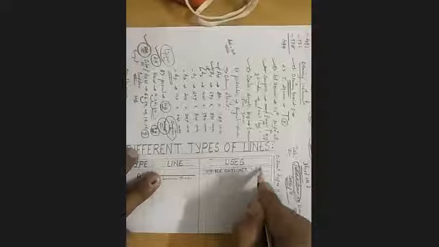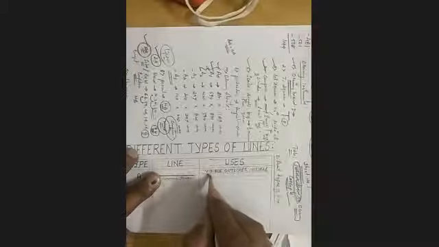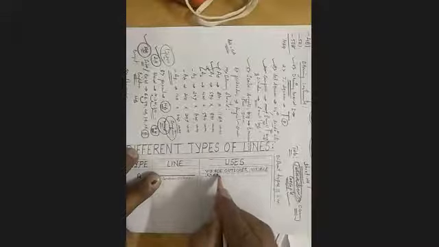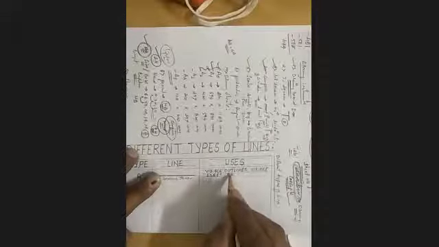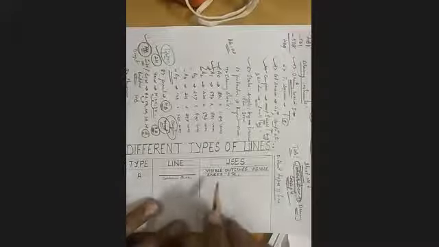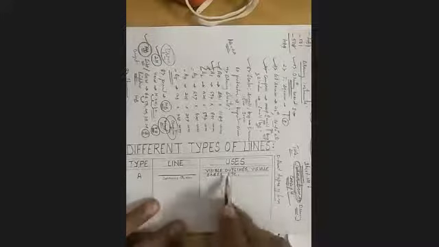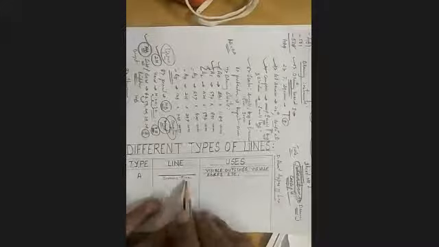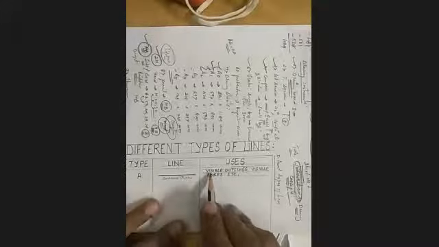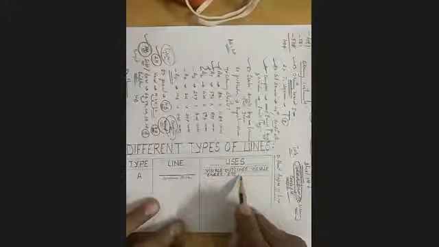Visible edges. Etc. Getting my point? First, I took 5 mm. I did not measure it. It is just 5 mm. Then visible outline. What are the applications? What is the use? Where are we using continuous thick? We are using it for visible outlines, visible edges, etc.